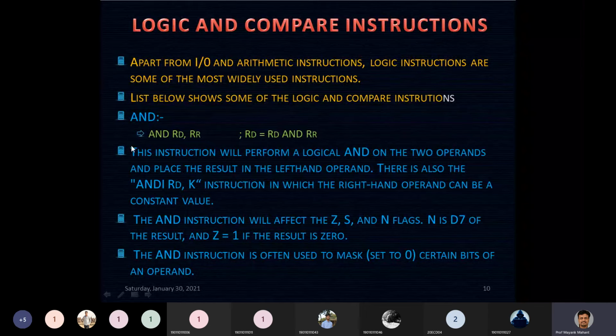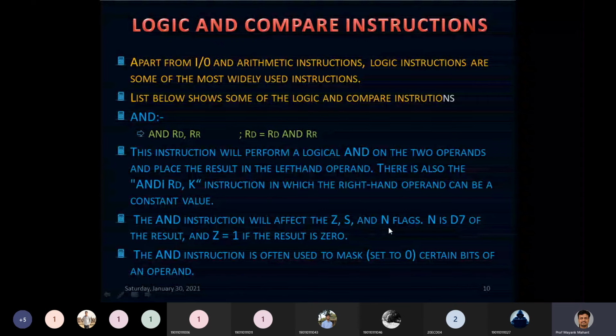After executing an AND instruction, the Z flag, S flag and N flag are going to be affected by this operation. Already we have discussed that not every instruction affects the flags, so we will also be looking into which instructions affect the flags. The AND instruction is going to affect only these three flags, Z, N and S.